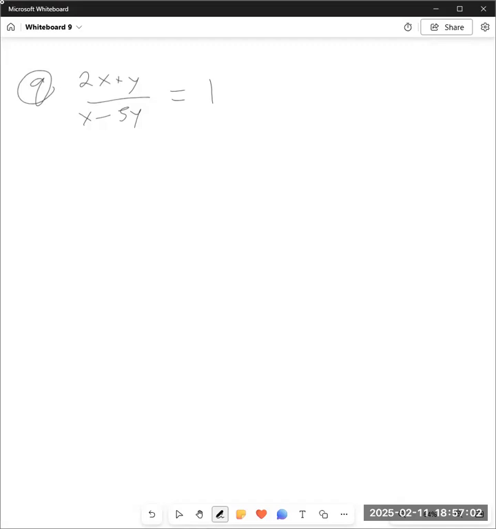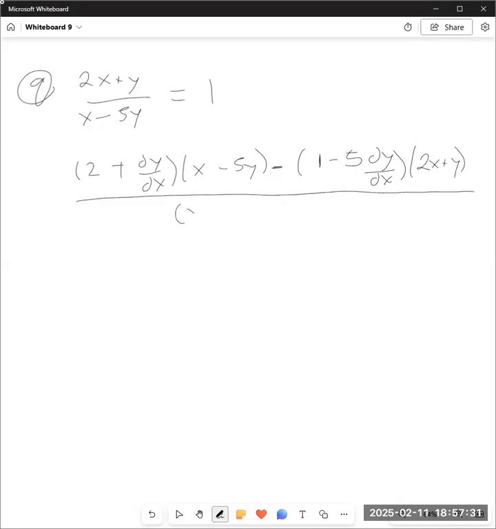So this is derivative of the top is 2 plus dy dx times the bottom, minus derivative of the bottom is 1 minus 5 dy dx times the top, all over the bottom squared is equal to 0.